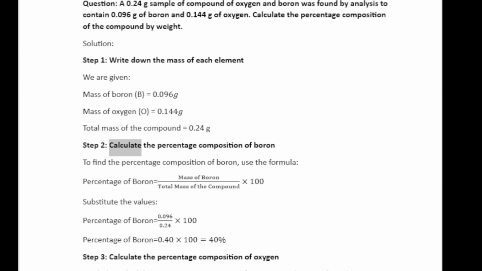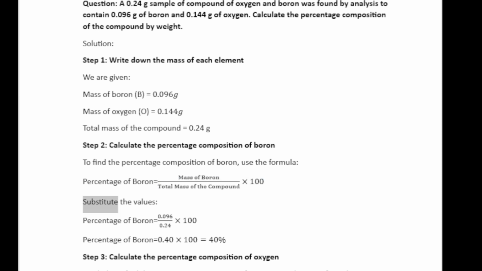Step 2. Calculate the percentage composition of boron. To find the percentage composition of boron, use the formula: percentage of boron is equal to mass of boron over total mass of the compound, times 100.